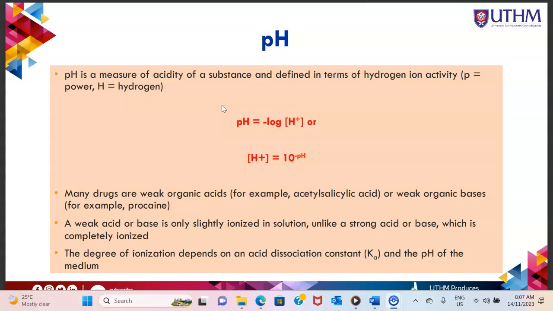So both parameters influence the ionization states of a drug, and it can affect again the solubility and the absorption of the drug into the body.